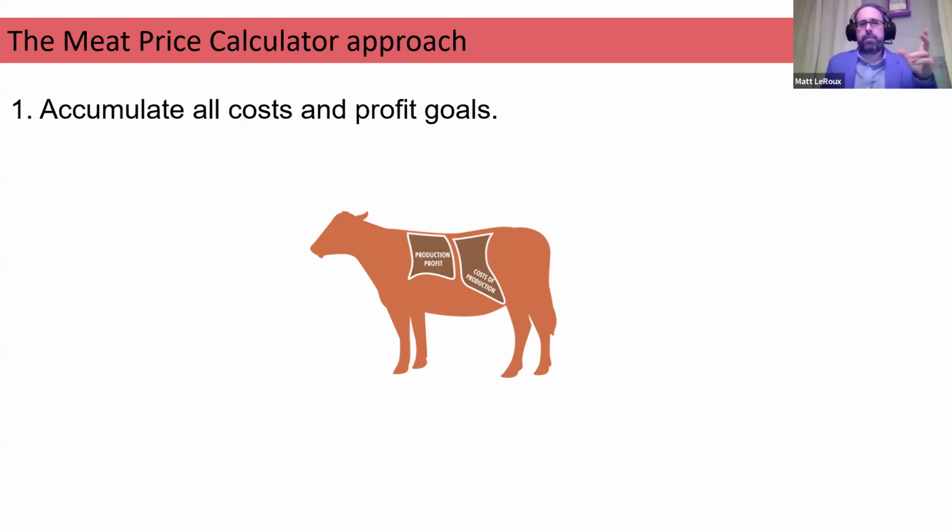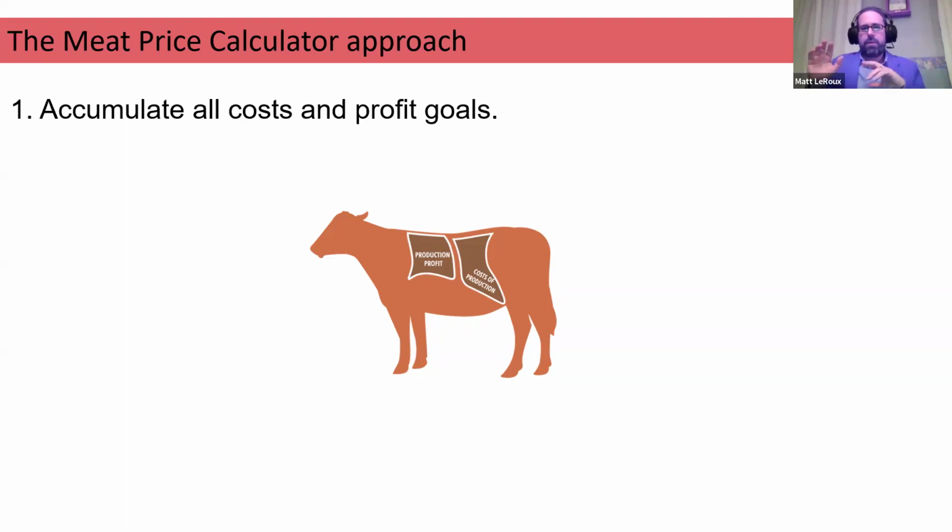You should have a good estimate of your cost of production. And I'm talking about sort of a break-even cost of production, like when an animal is finished and slaughter ready and the production work is over, what's that break-even cost or value of that animal? And then to that add the production profit because we want our production enterprise on the farm and our marketing enterprise on the farm to both be profitable, which means you need to consider both sets of costs and then add above them profit, right?